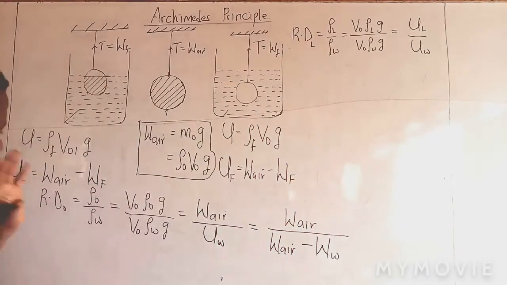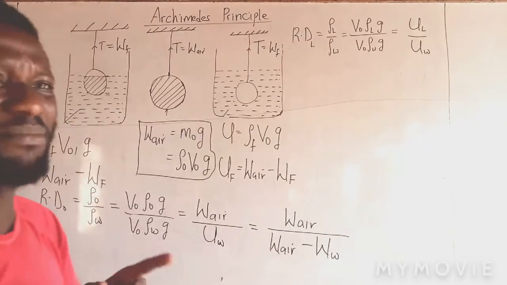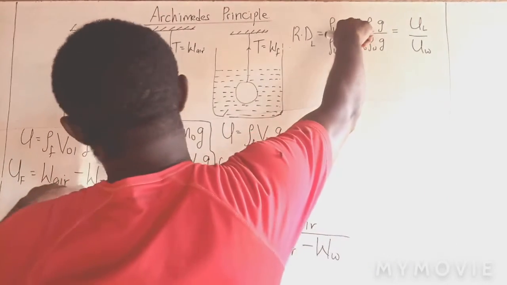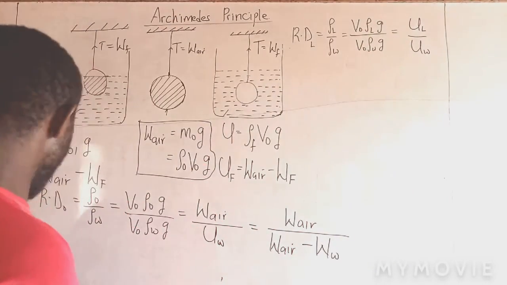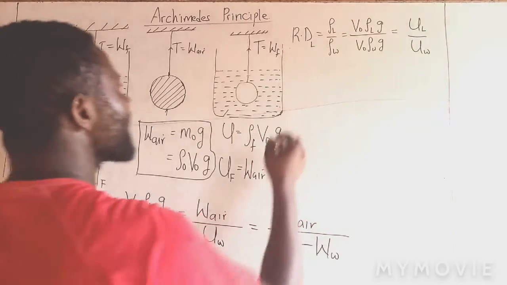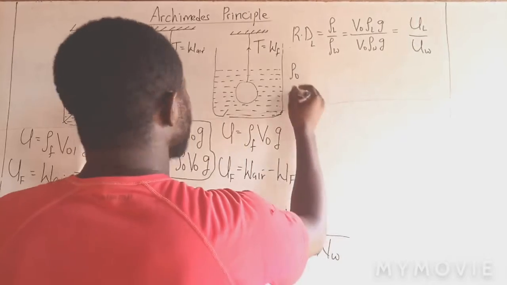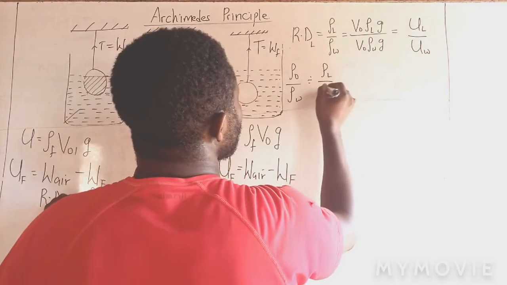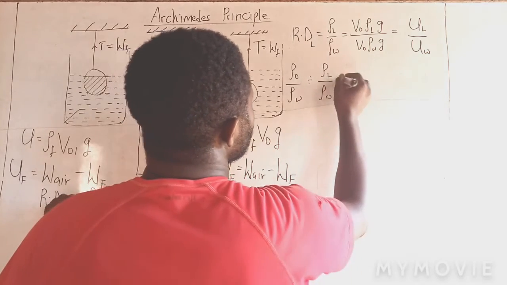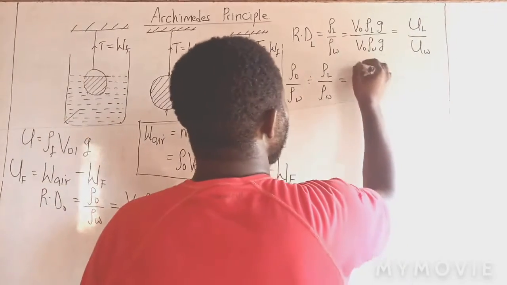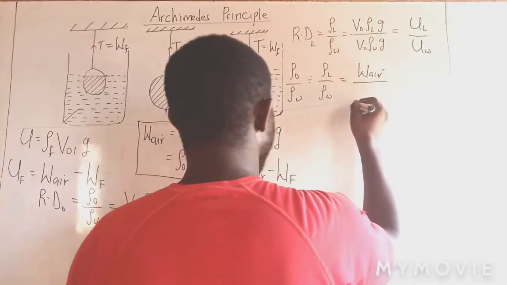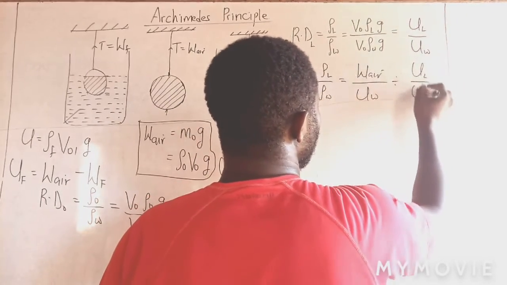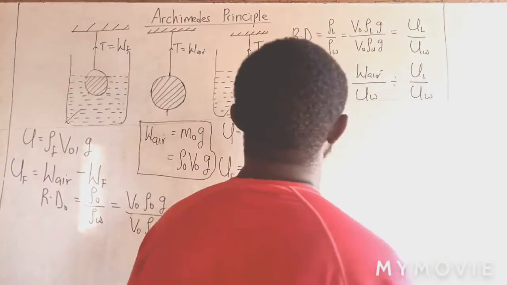Another thing that you may be asked to find, especially in your UTME exam, is the ratio of the density of object to that of the density of liquid. And how do you get that? You simply say density of object over density of water divided by density of liquid over density of water is equal to weight in air divided by upthrust in water, then all divided by upthrust in liquid over upthrust in water.